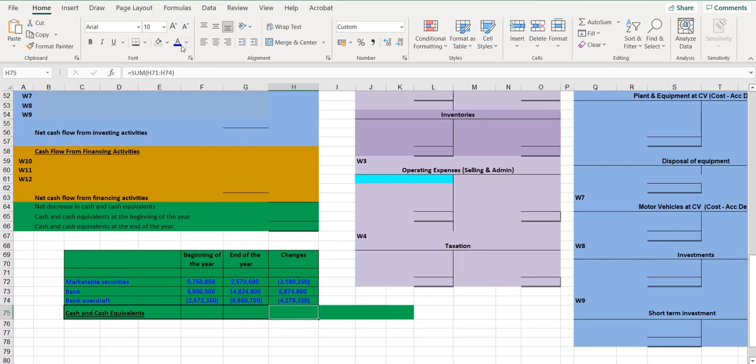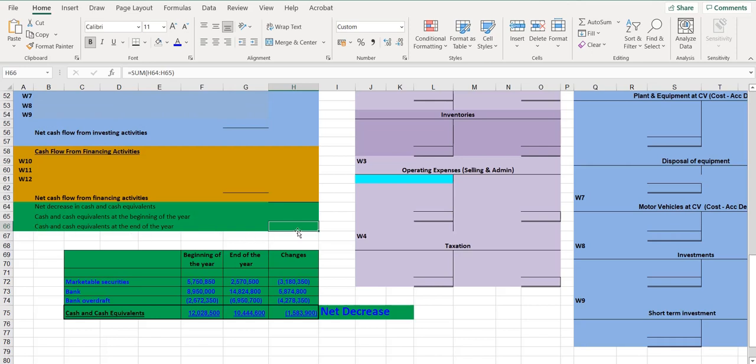Now we're going to find out the net changes, which is a net decrease of how much? 1,583,900. This is the one at the end of the year, and this is the one at the beginning of the year. What you got here, you are going to show in the last section of your cash flow, which will be the last three rows there.